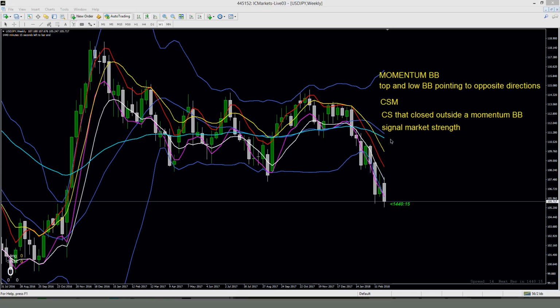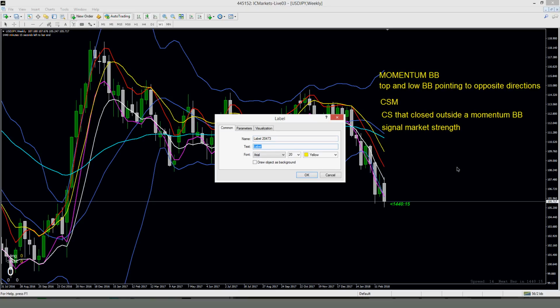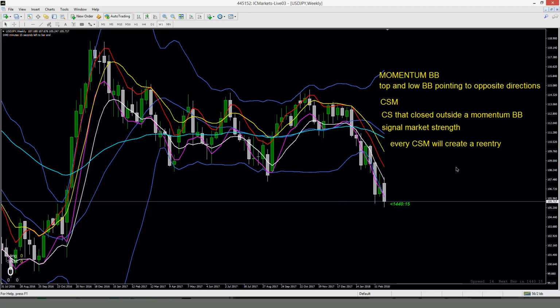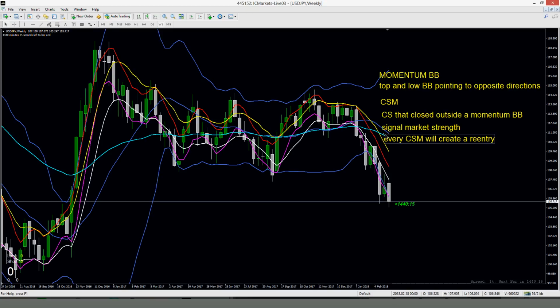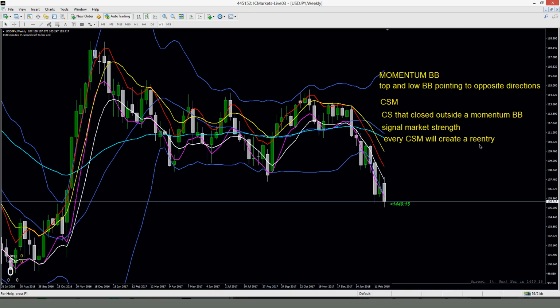And the last very important thing that we need to understand with CSM is that every CSM will create a re-entry. So why is it so important to us? It's because it tells us that there is an impending setup coming later on. So you have CSM, then you will have a re-entry at some point. Okay, so that's what we need to understand.